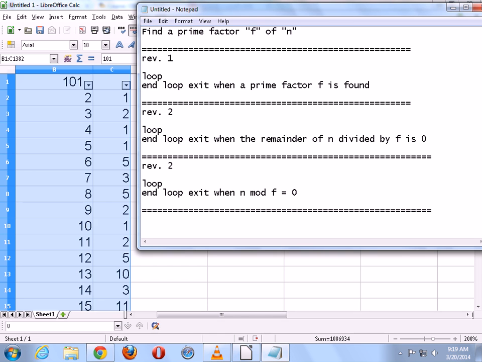So I can re-express all of these terms and relate them together. I can basically say dividend equals divisor times quotient plus remainder. That's how these 4 terms relate to each other.